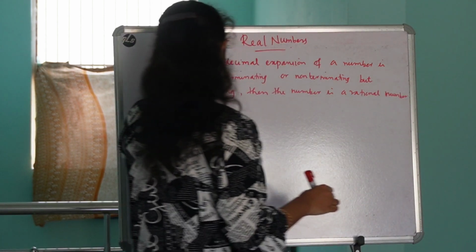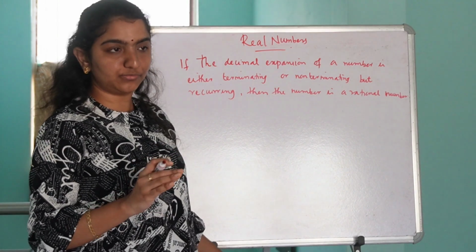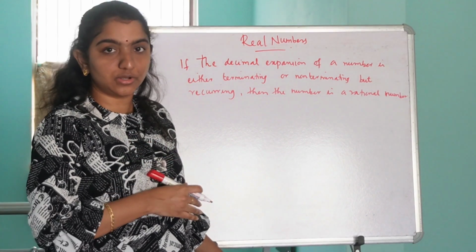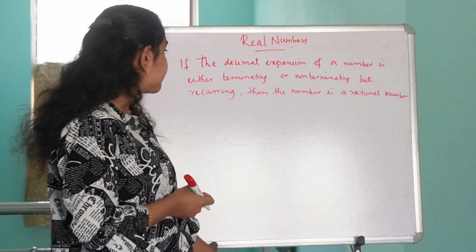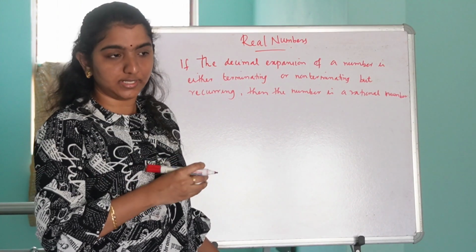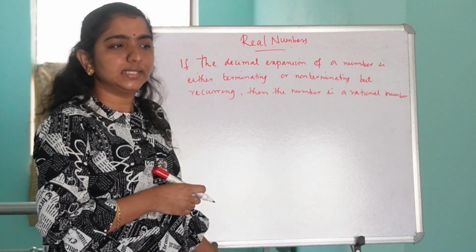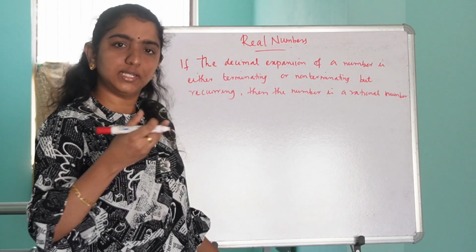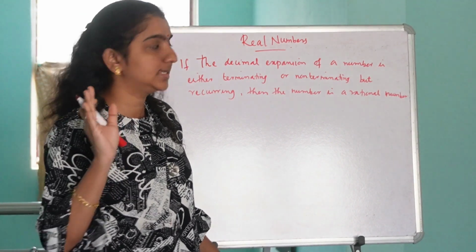And if the decimal expansion of a number is non-terminating and non-recurring, then the given number is an irrational number. Is it clear, guys? Yes.